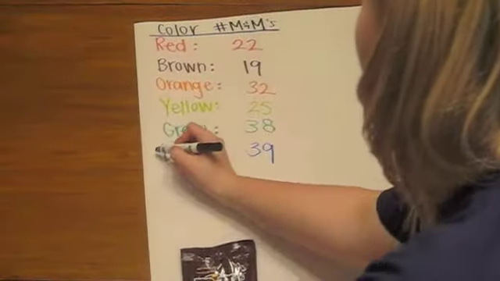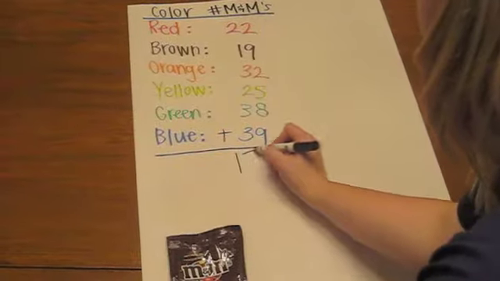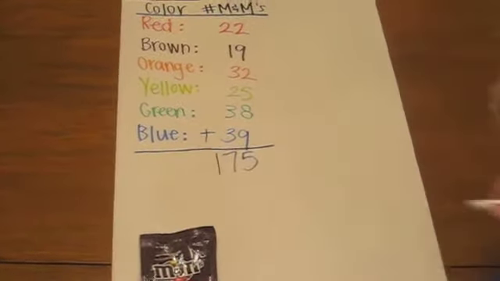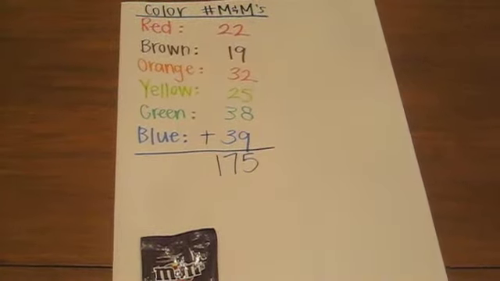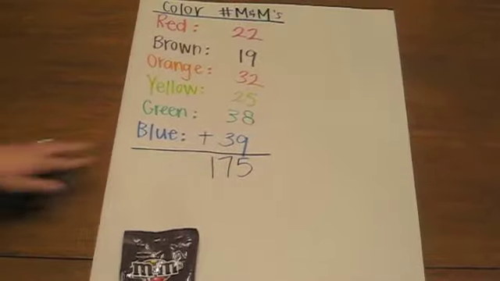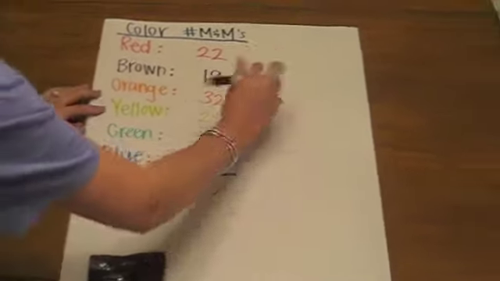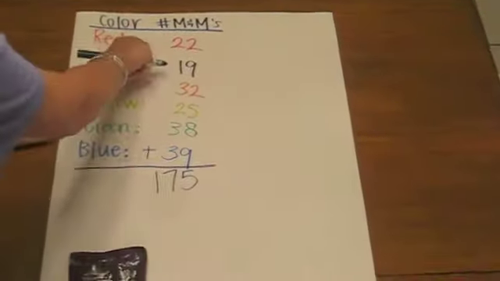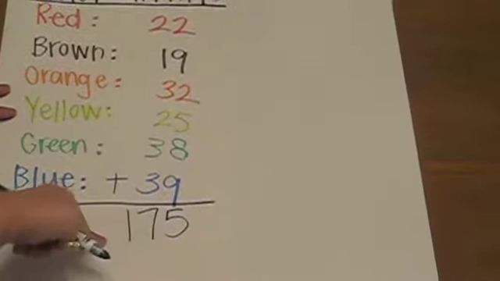So we add up all the different categories and you get 175. Next, it's important to find all the different percentages that each part is of the whole. In order to find the percent of each different color, we need to set up a proportion for each one. So for red, we have 22 M&Ms out of the total, which is 175.